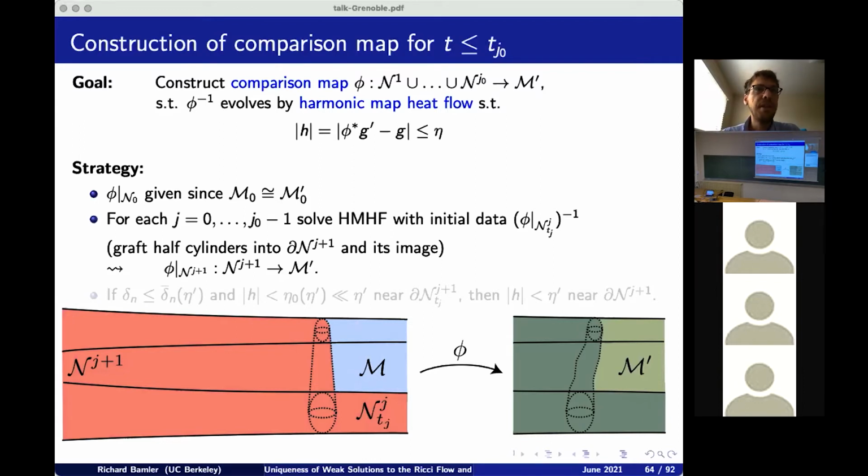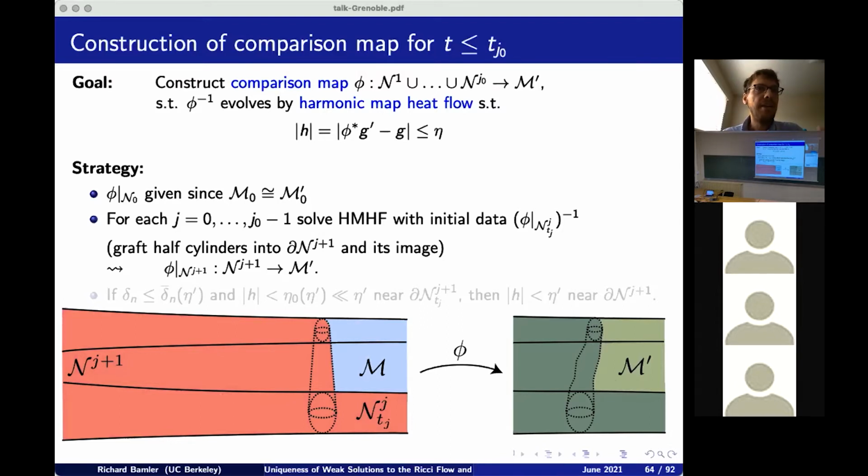In doing this, we've constructed some non-singular flow which almost satisfies the Ricci flow equation. It satisfies the Ricci flow equation here and somewhere further away from here, but in the gluing region, it only satisfies the Ricci flow equation up to some error. And then we do the same in the image. Again, the image looks relatively cylindrical near this boundary, and we're going to graft on another half cylinder.